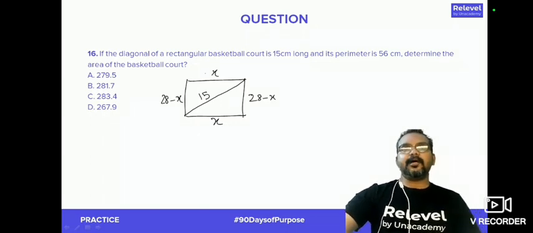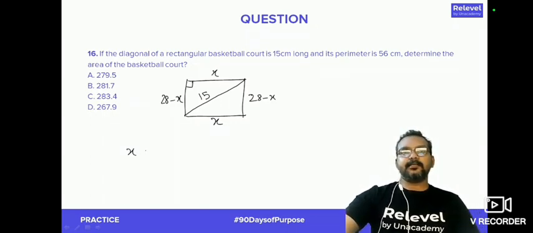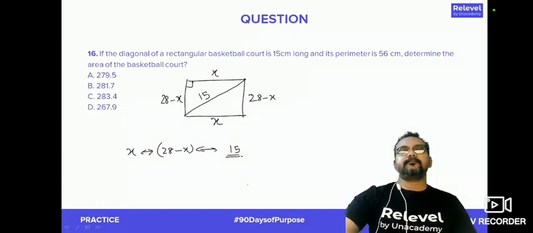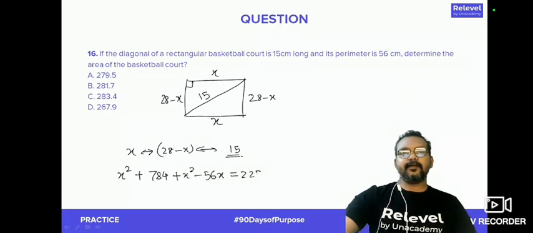So we need to have a right angle triangle whose sides are x, 28 minus x, and the hypotenuse being 15. So we get 28 minus x whole square, 28 squared plus x squared minus 56x is 225. So you get 2x squared minus 56x plus 559, if I take the 225 this side.